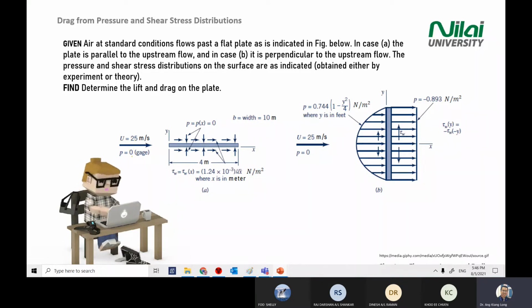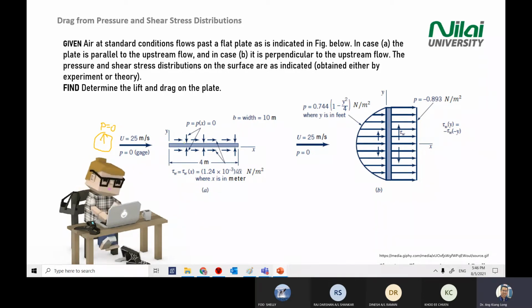Pressure at this point is 0 gauge, means there is no increase of pressure. It means if you install a pressure sensor here, the reading will be 0.